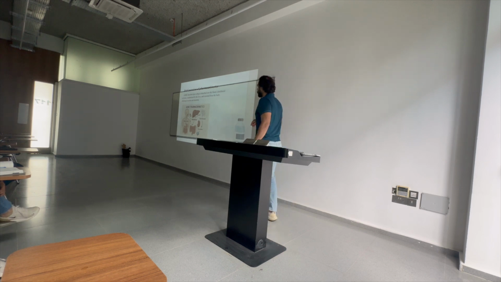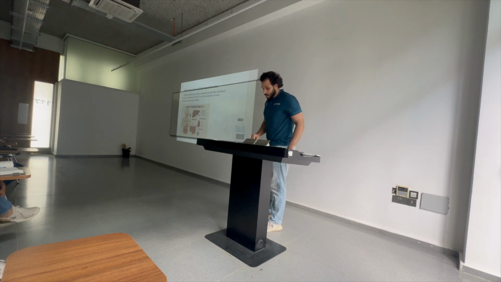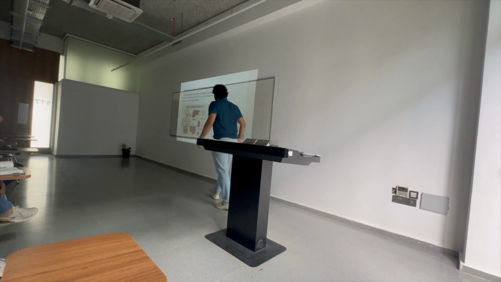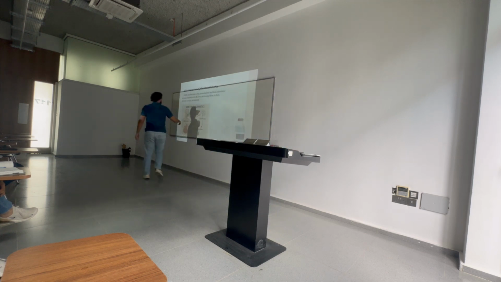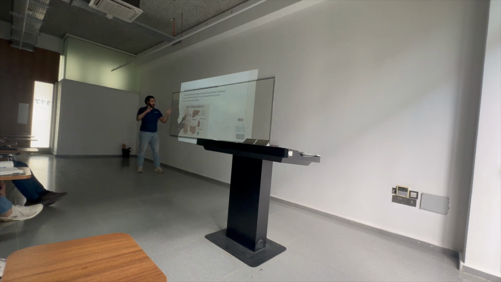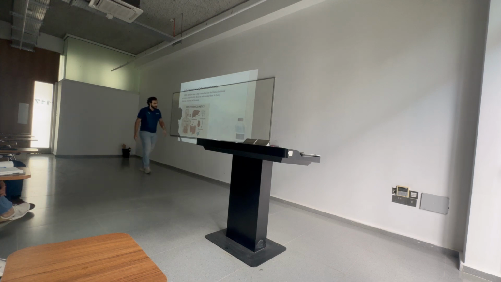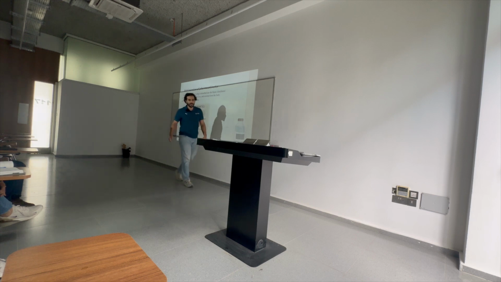So we have here a small diagram. The absorption happens in the intestine and the stomach, then it is metabolized in the liver, distributed in the blood flow and blood circulation, and excreted through the urinary tract.